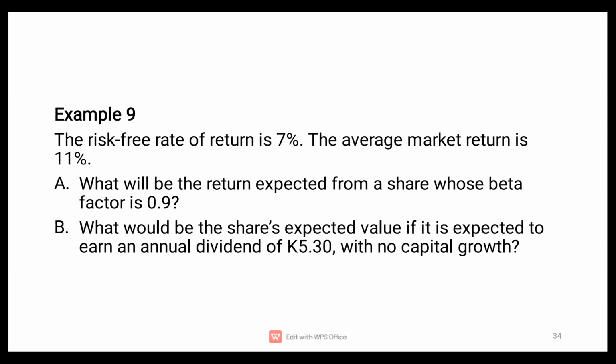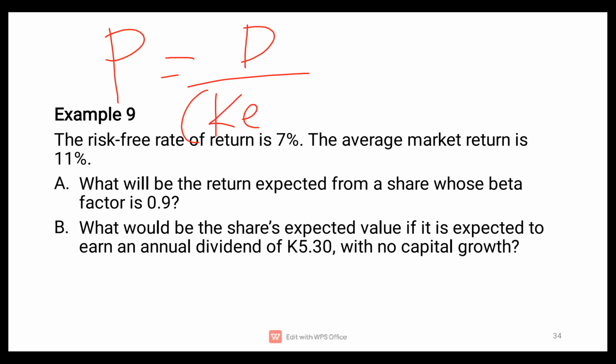The expected value of a share, which is the same as the price of a share, is the dividend divided by the cost of equity minus the growth rate, right? I think that's what we said last time. And so what is the dividend?